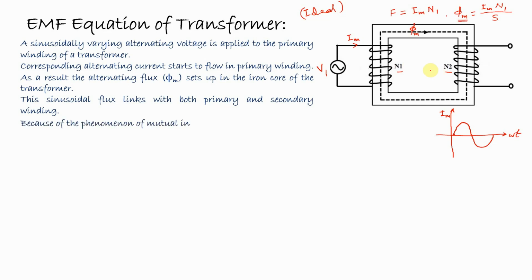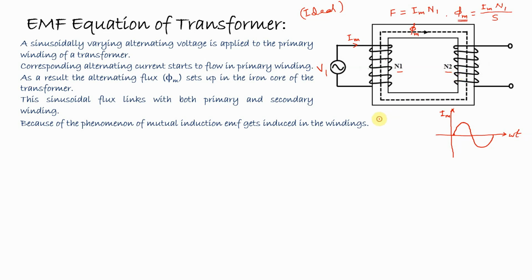Because of this phenomenon of mutual induction, EMF will be induced in the primary as well as in the secondary winding. As we have already discussed, the flux will depend upon the current, so it will also be changing with respect to time. Therefore, this changing flux will cut the primary winding as well as the secondary winding.